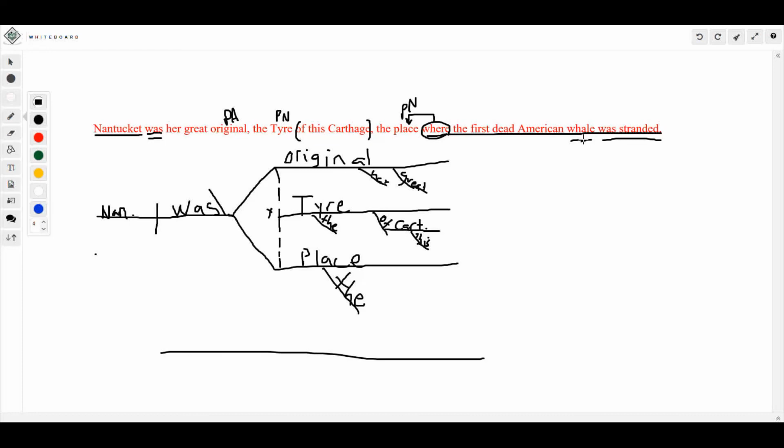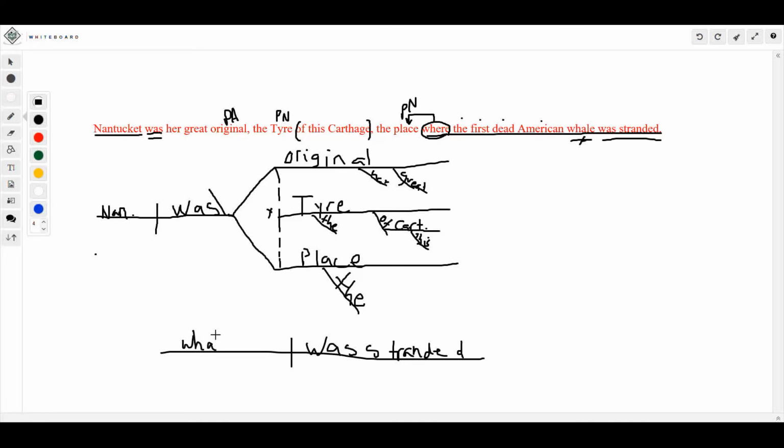I guess we don't need to underline that twice. And then we have the first dead American are all adjectives that go with well. So let's go ahead and do this. So we're going to put was stranded as our verb. And then well is our subject.